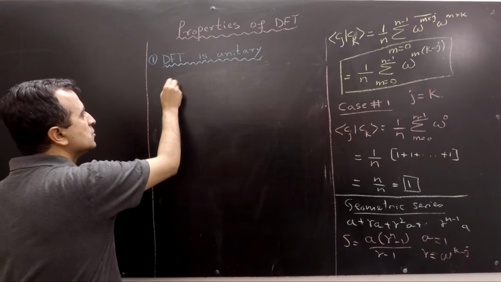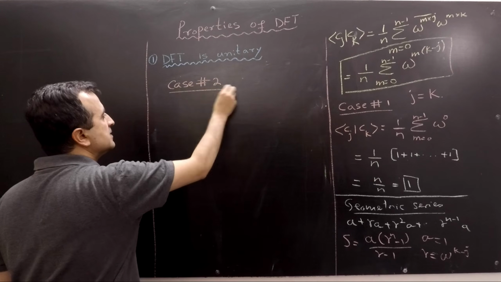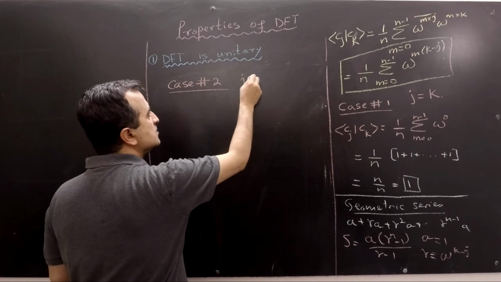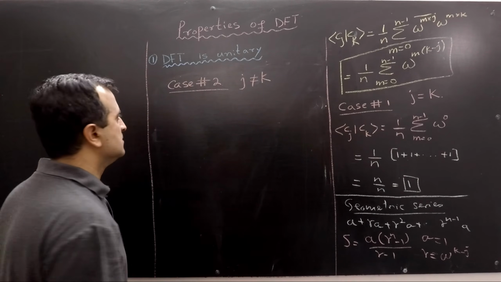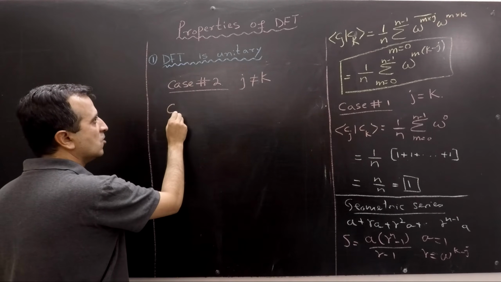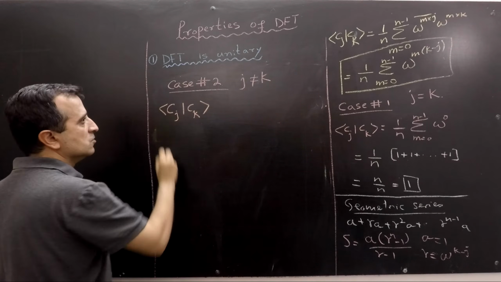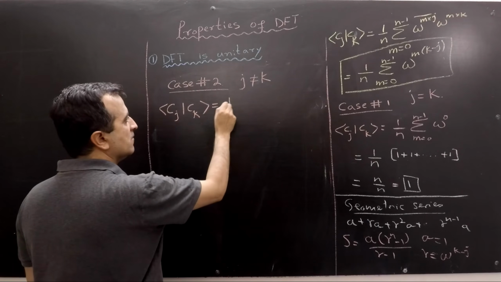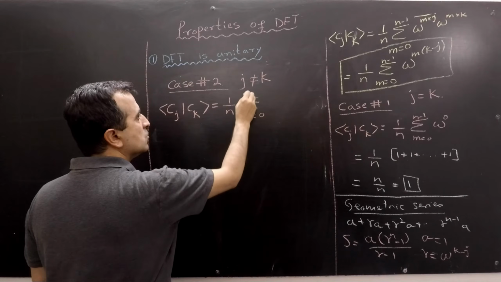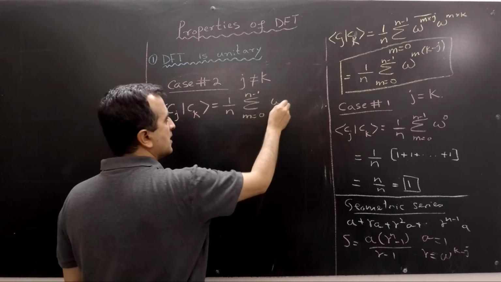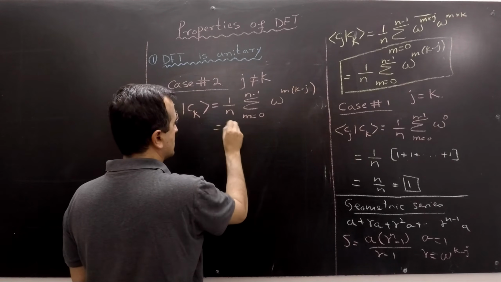So we want to show case number 2, that is when j is not equal to k, meaning j and k represent different columns, then their dot product is equal to 0. That means we want to show that 1 over n summation m equals 0 to n minus 1 of omega^(m(k-j)) is equal to 0.